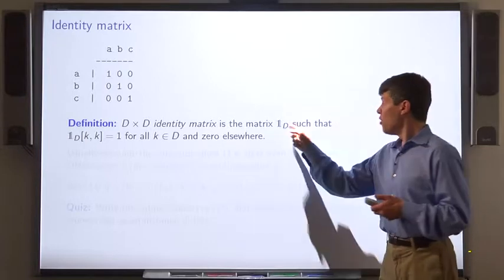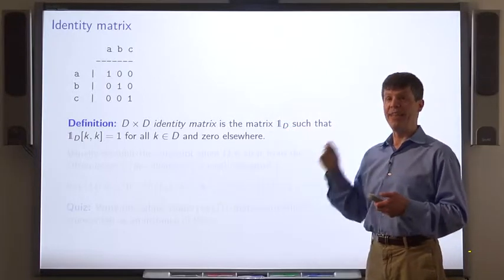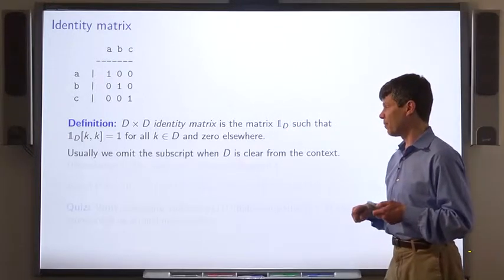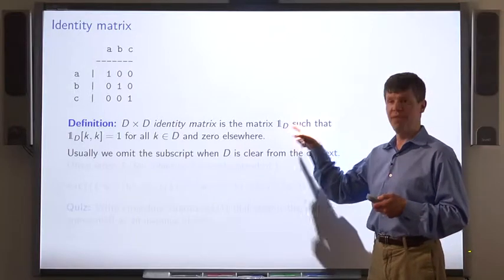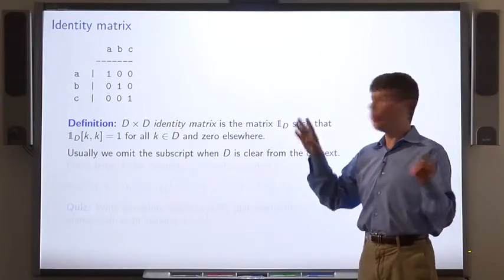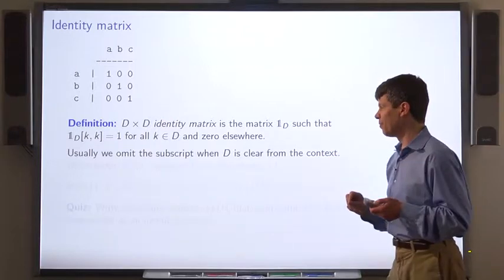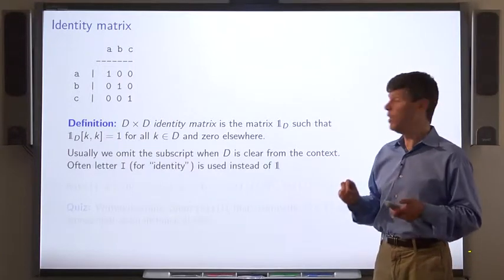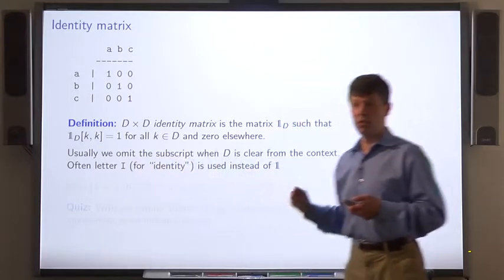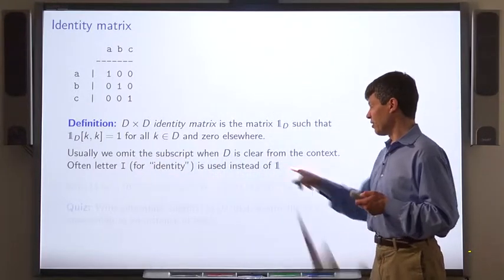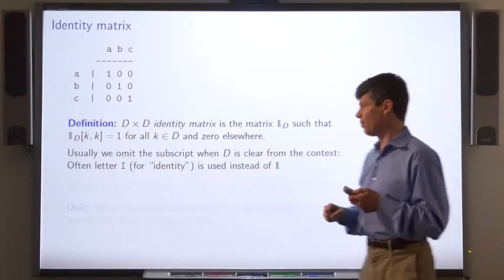I'm going to use the numeral 1 to indicate the identity matrix with a subscript of D, but very often we'll just omit the subscript when it's clear what domain is intended. Very often the letter I is used to represent the identity matrix instead of this numeral 1.